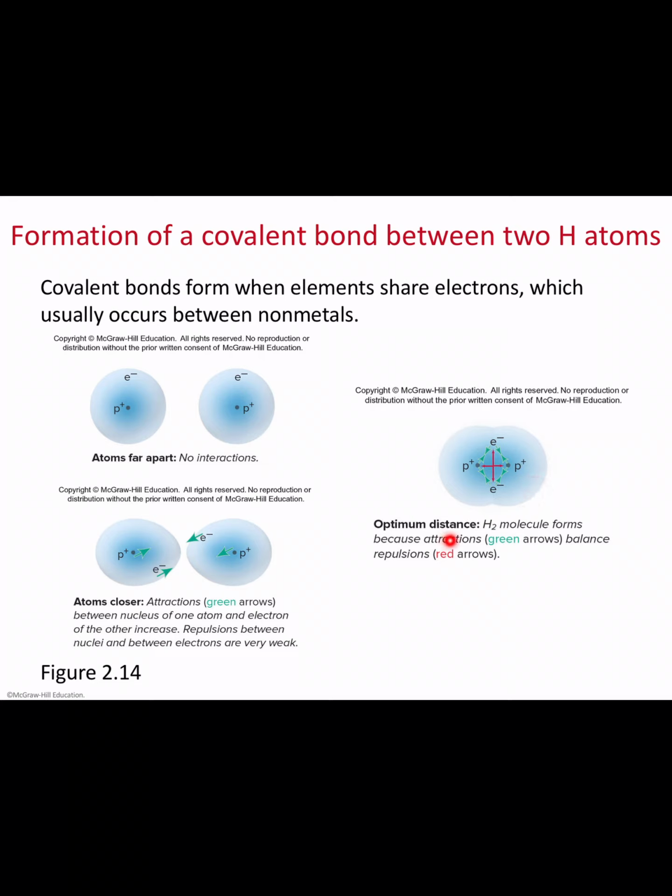At the optimum distance, the hydrogen molecule forms because the attraction, the green arrow, balances the repulsion, the red arrows. If we try to come closer, the protons in the nuclei will have a repulsion, and the electrons will also have a repulsion. But once the hydrogen molecule is formed, it overcomes the repulsion, and at the optimum distance, the hydrogen molecule is formed by sharing two electrons.